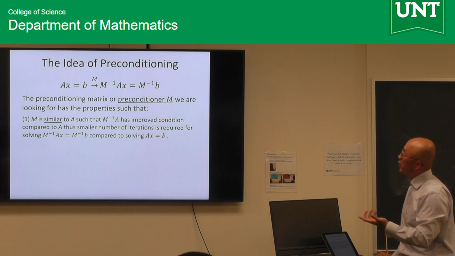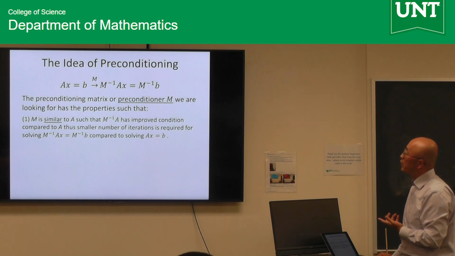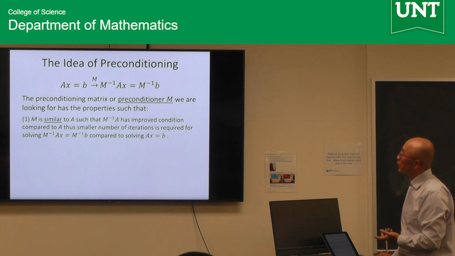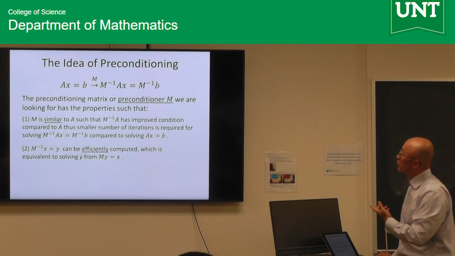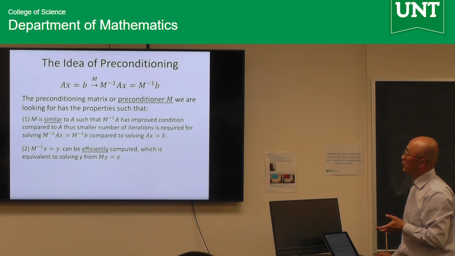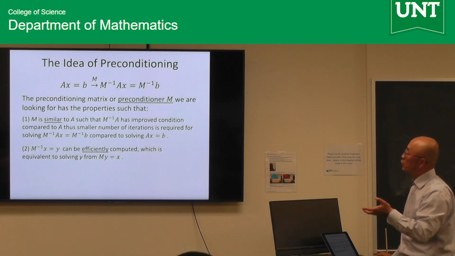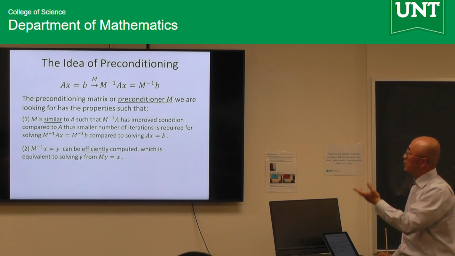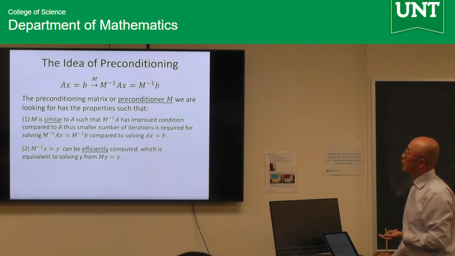One is that M should be similar to A, so that M inverse times A has an improved condition. The other is that because eventually you multiply by M inverse, you need to eventually solve for X.